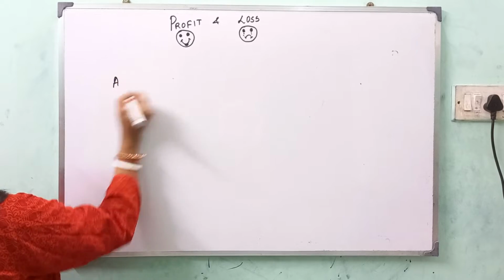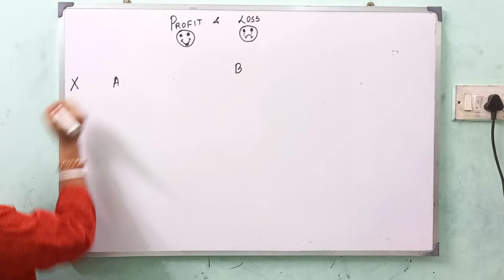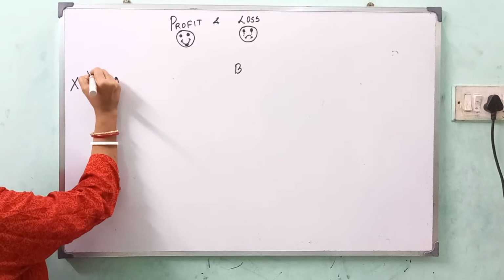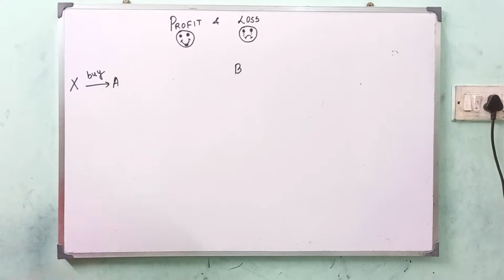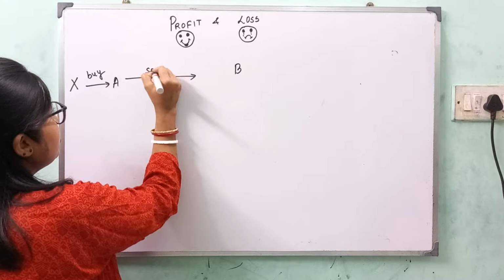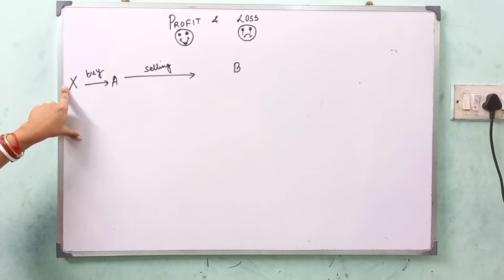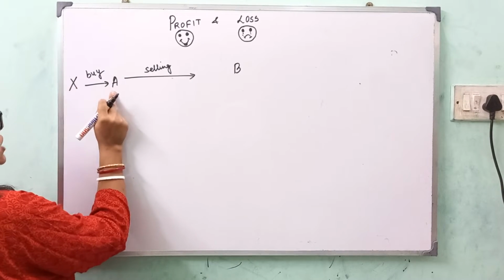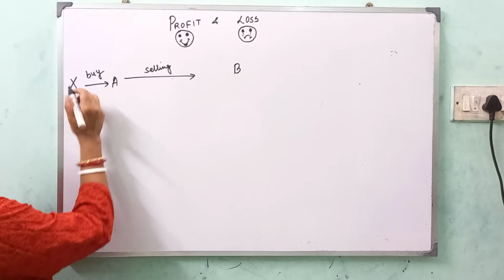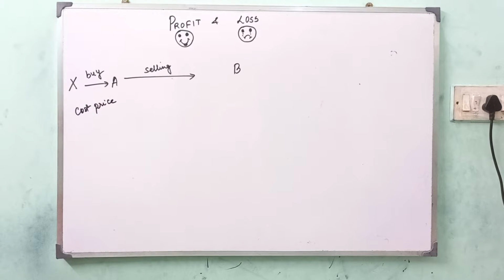Suppose A is a man and B is another man. Now A buys an article from, say, a man X. So A is buying an article from a man X, and then A is selling it to B. So the price at which A buys the article from X is the cost price.